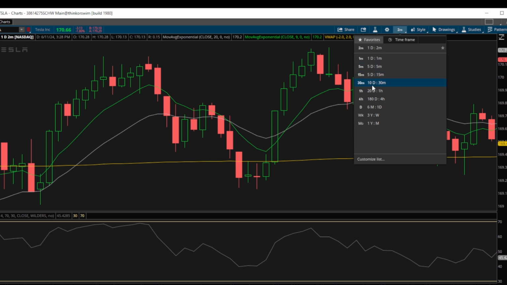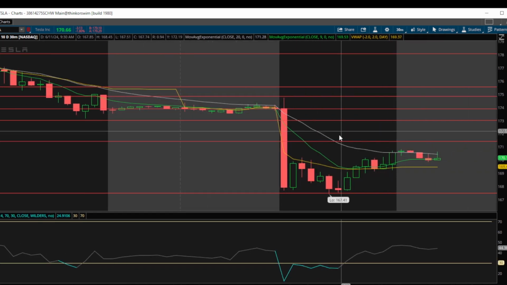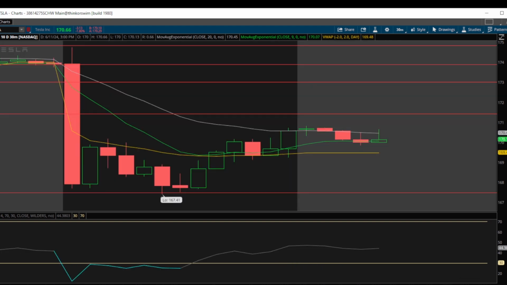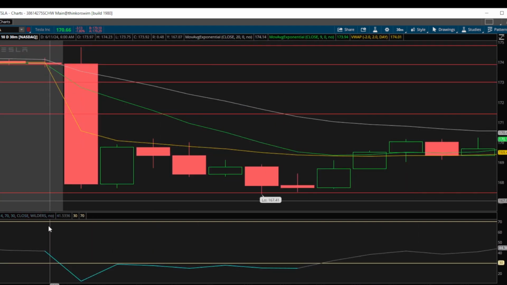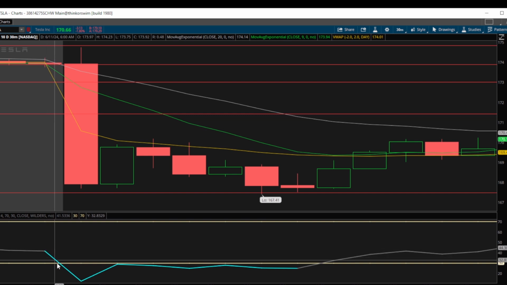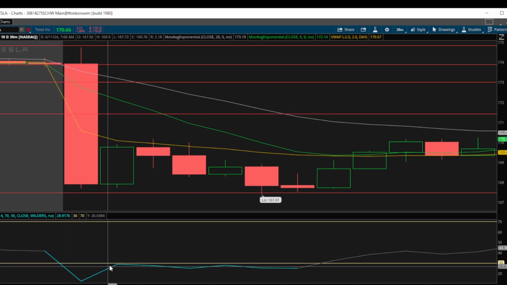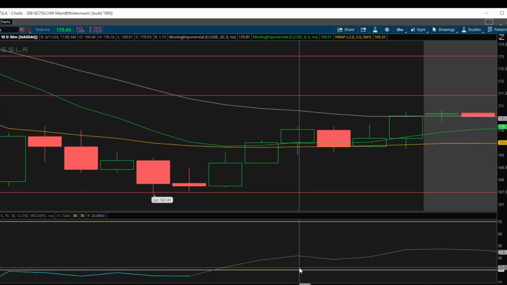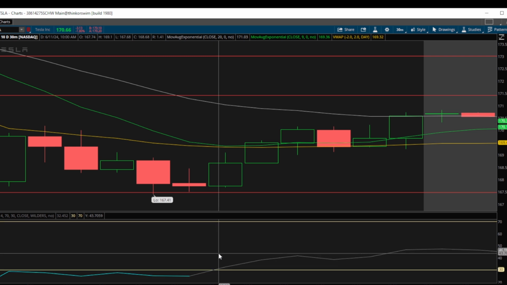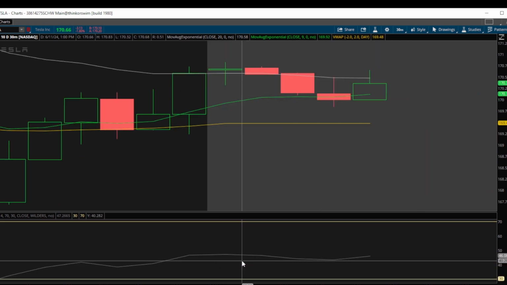Let's look at a longer time frame, let's say 30 minutes, for example. We look at this, and what do we see? Again, the start of the day from pre-market going down below 30. It kind of hugs under that 30 mark until we get to about 9:30 Pacific, and things crossed. It crossed the bottom 30 on the RSI and started going up.